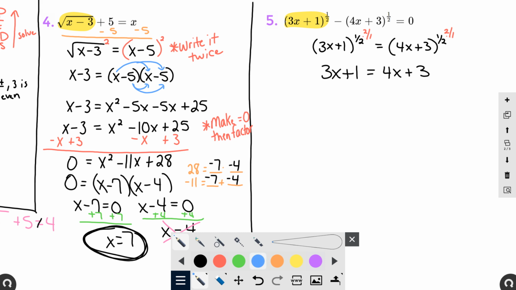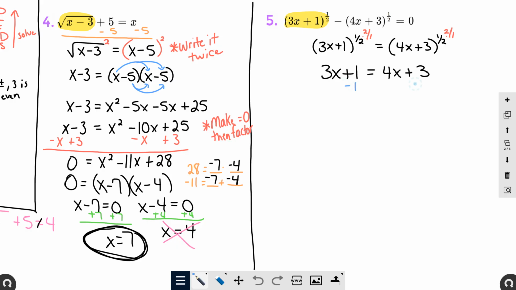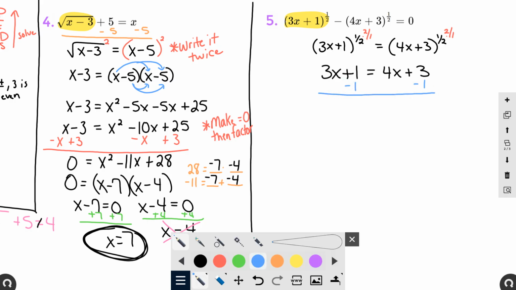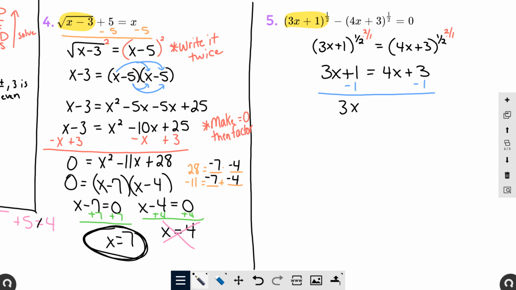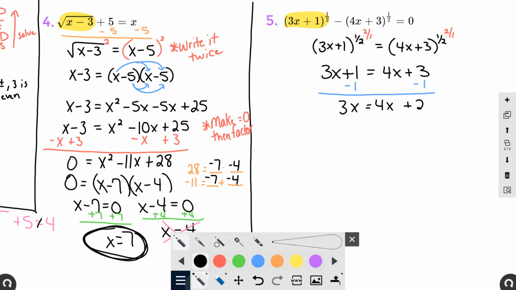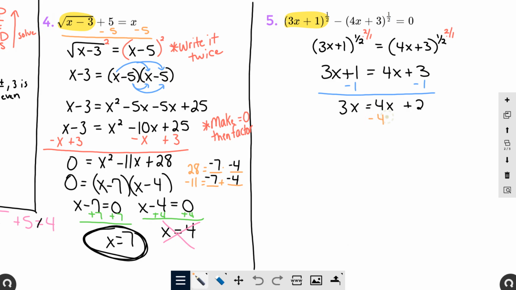What do I do to solve this one? You could subtract the 1. Yep. So we get 3x equals 4x plus 2. Now do the same thing with the x's. So subtract 4x.